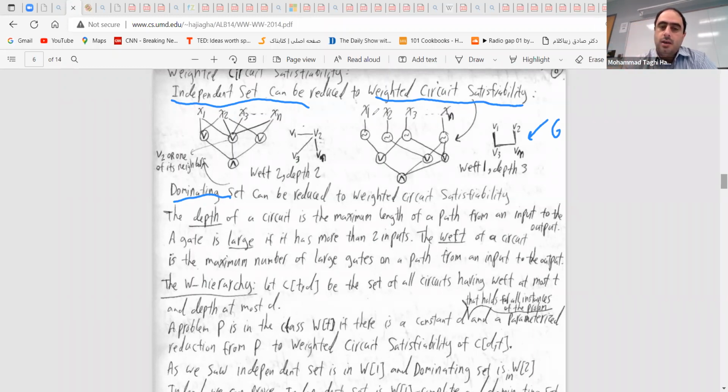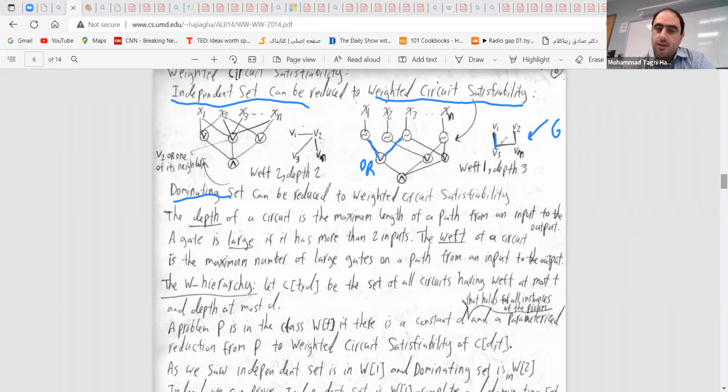Now, what is the circuit that I'm building? I will first take the negation of these inputs. Then, for each edge in the graph, for example the edge v1, v3, I will connect the negations of these two and take the OR of them. I do that for each edge.